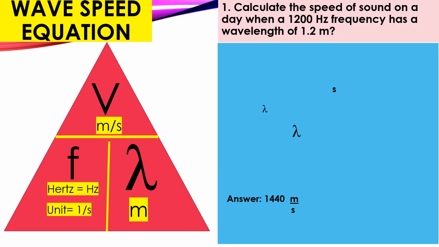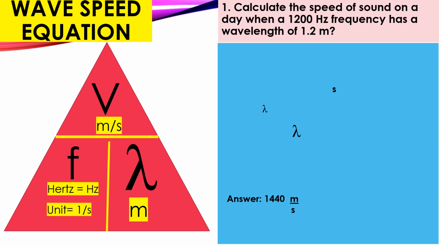Now, let's talk about the wave speed. If you still remember our technique in computing the speed, it is the same for wave speed. But this time, we're going to use the equation. V stands for the speed of the wave, and lambda is the wavelength. And our frequency has a unit of hertz.